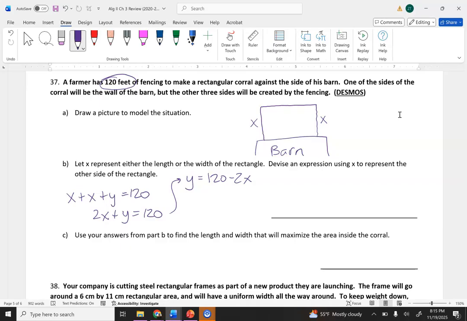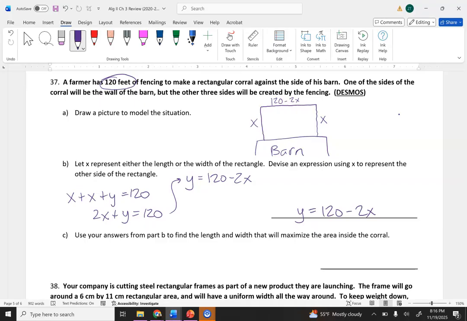But instead of using Y as this side length, if we substitute it out and call this side length 120 minus 2X, now we have just one variable, and we can solve a lot more. So Y is equal to 120 minus 2X. That's the answer for part B.